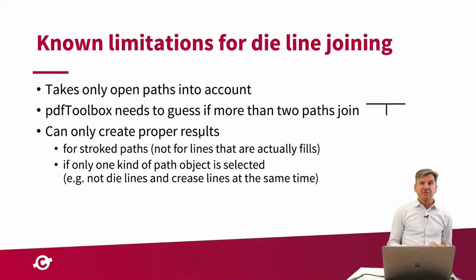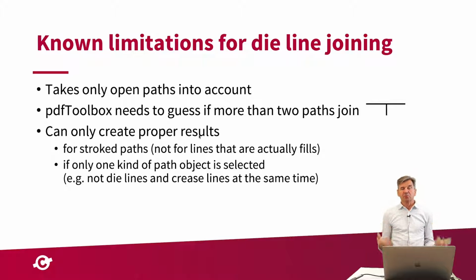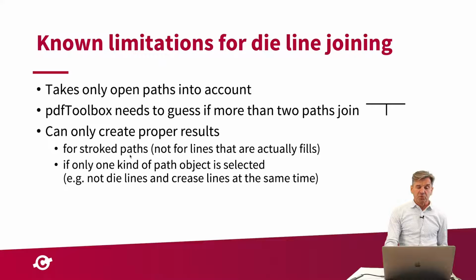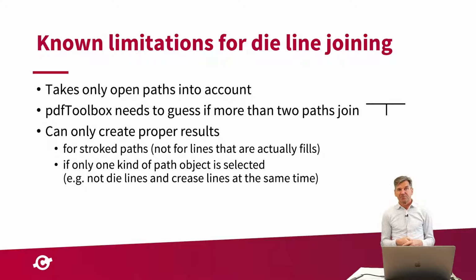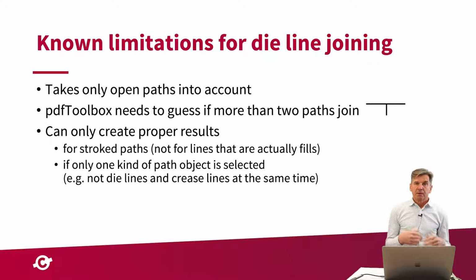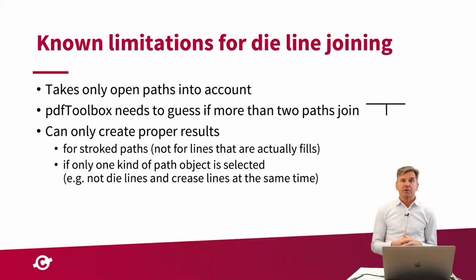And 2 things to take into account when you set up your own fix-up. You should limit it to stroke paths. So once in a while, you have lines that are actually fills. And pdfToolbox will allow you to select those objects and make them the basis of your shape creation.